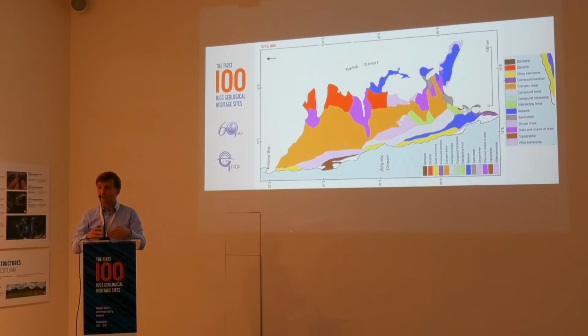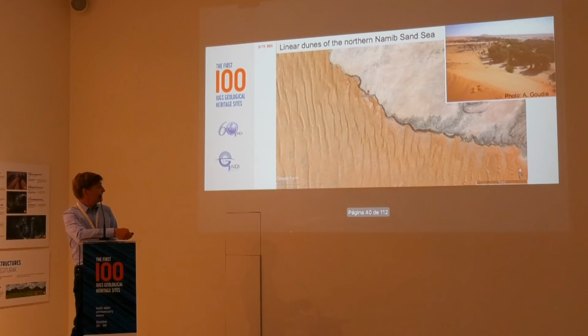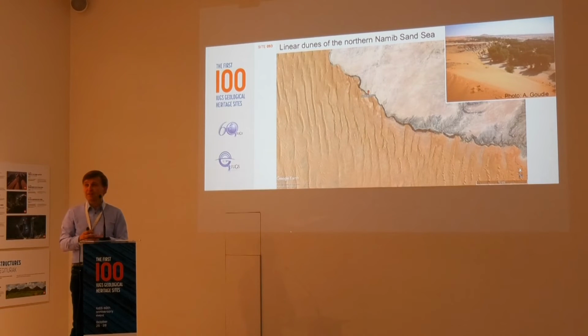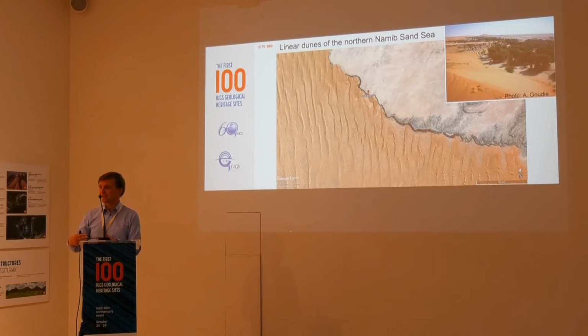Different countries compete with one another who has the highest star dunes. I'm not sure the competition is finally resolved, but certainly the Namib Sand Sea has one of the highest.